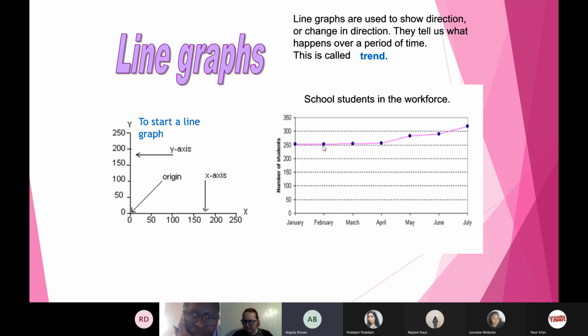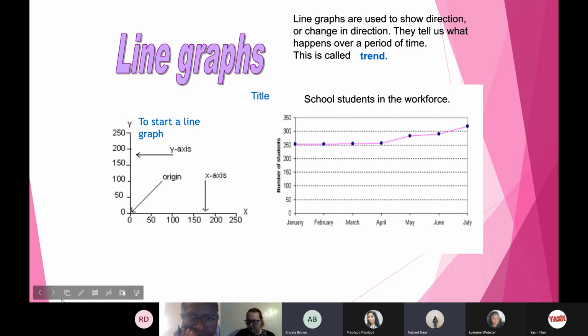February, 250. In March, just slightly above, which would have been 251. Again, about 252. And as you can see, the trend is that as you're moving over the period of time, the number of students increases. So this gives us some information about what's happening over a period of time.